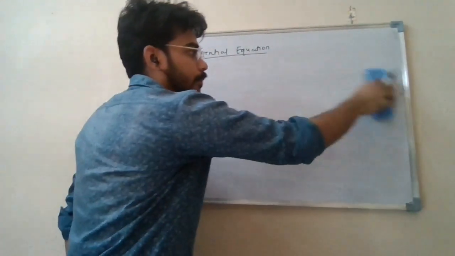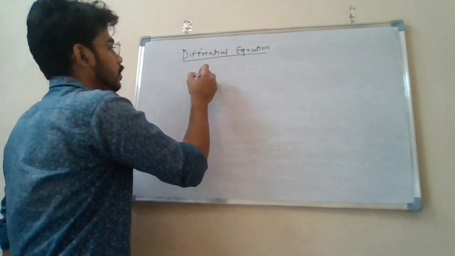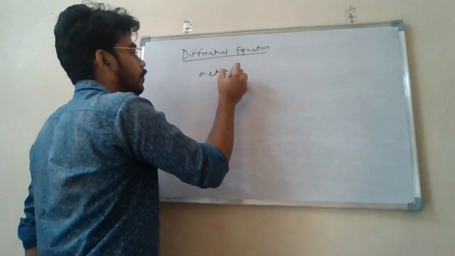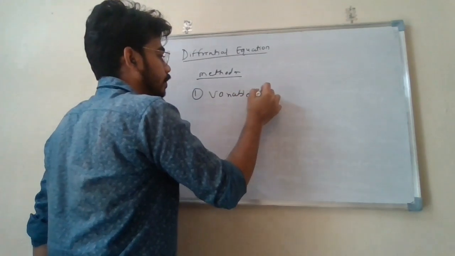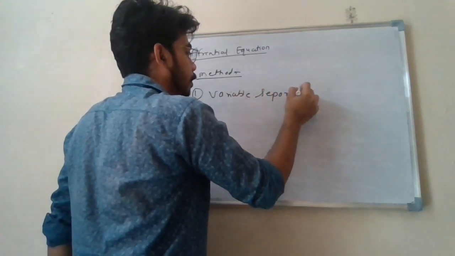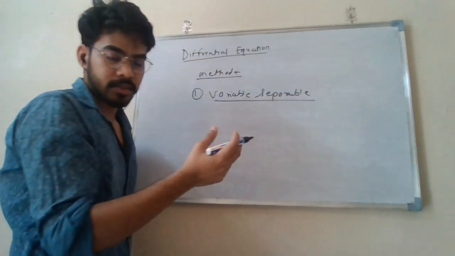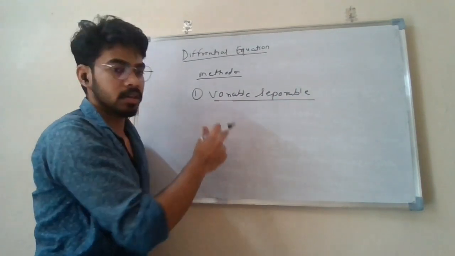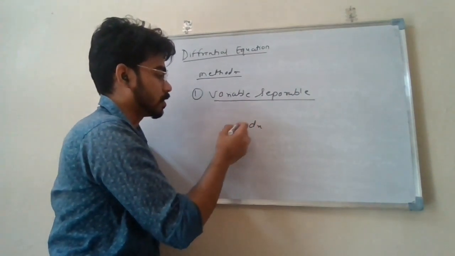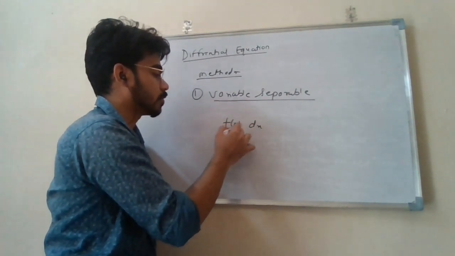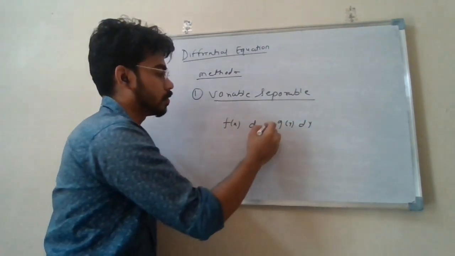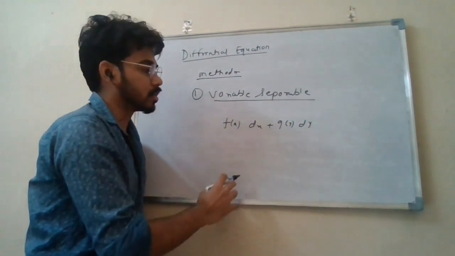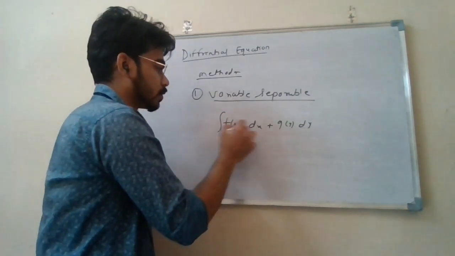Next, we will see different methods to solve differential equations. My first method is variable separable. The name itself says it is separable. If I have a function f of x with dx, and a function g of y with dy, then we can easily integrate the differential equation and get the solution.